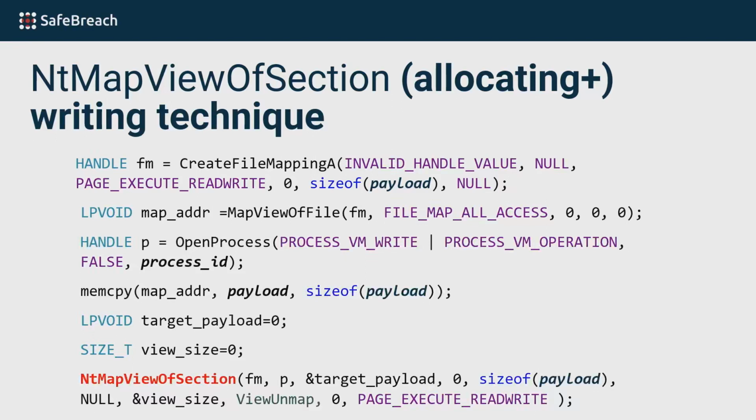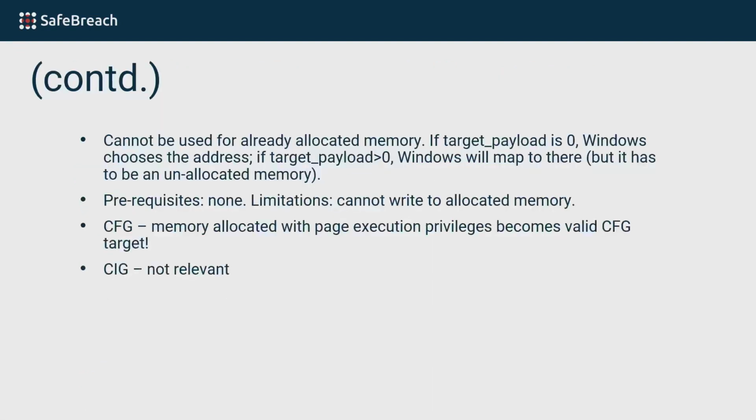We fill it with our data, and then we forcefully map it into the target process using NtMapViewOfSection, which also allocates the memory in the target process. And if we ask for page execute, it will also set the whole memory region to be CFG valid. The downside is that it cannot be used for an already allocated memory. So this one cannot be used to, say, write data on the stack.